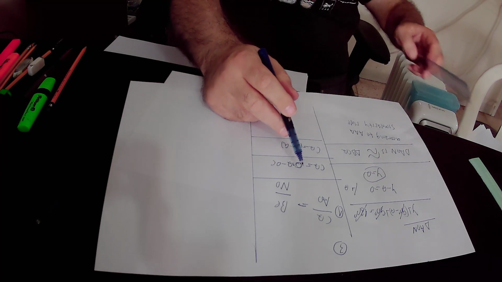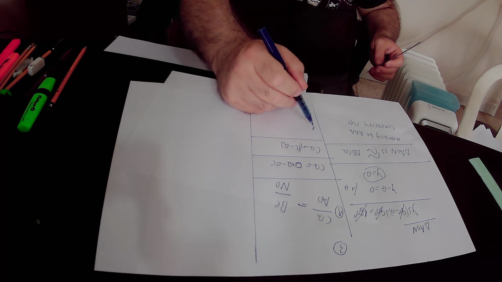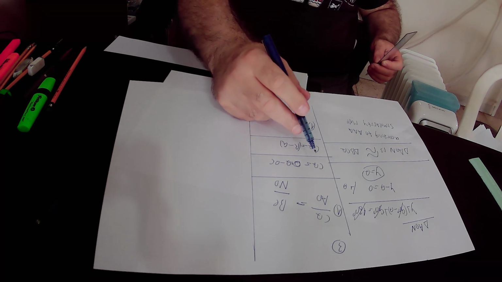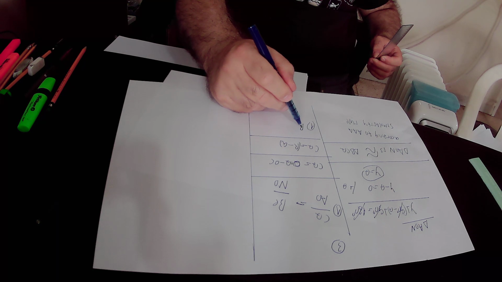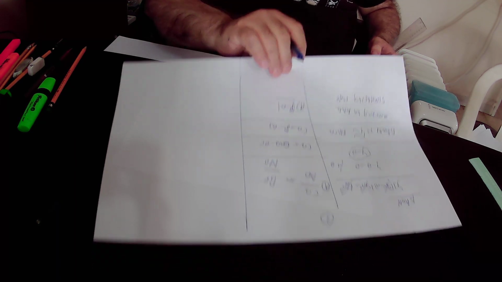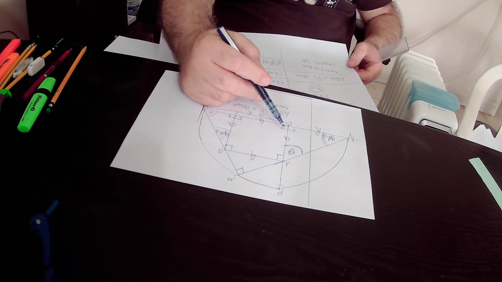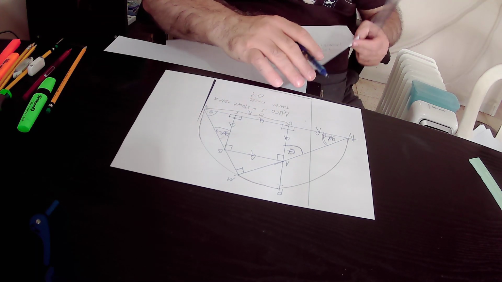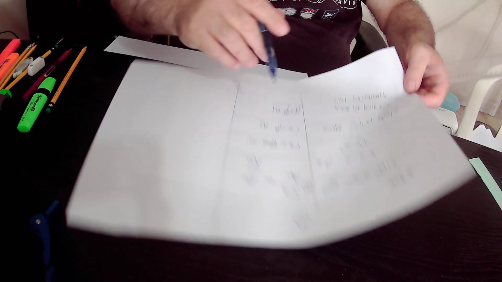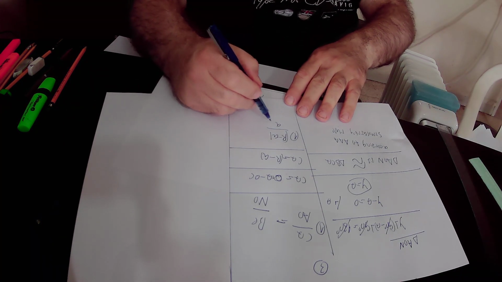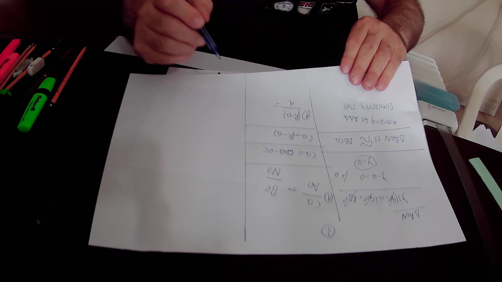Therefore, we can substitute CQ in equation number 1 by R minus A. We'll do it now, and we will get that R minus A over AO. What is the value of AO? The value of side AO is also equal to A units, and it equals BC.